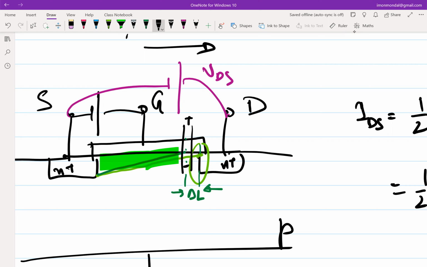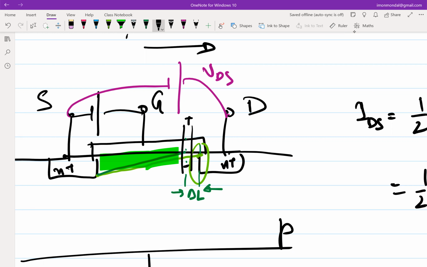Each MOSFET has a channel underneath, and naturally the total charge concentration under these channels will be different, because the voltage across the oxide is different, right? Which essentially means that you will have some gradient of the mobile charge which corresponds to the voltage gradient. And that is what I have represented here.